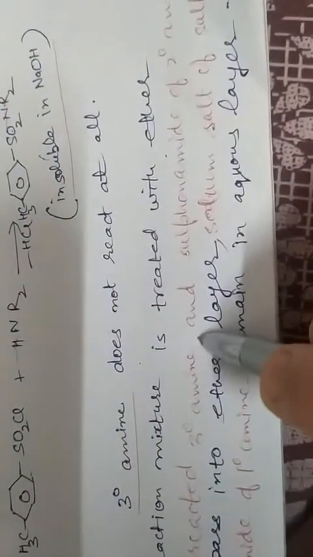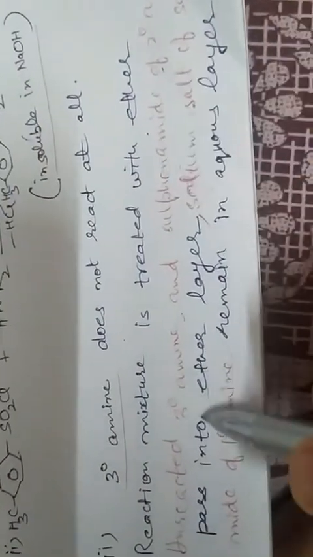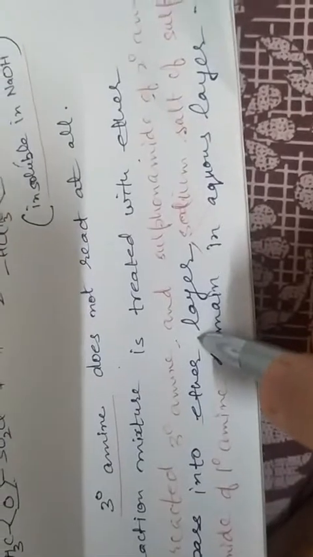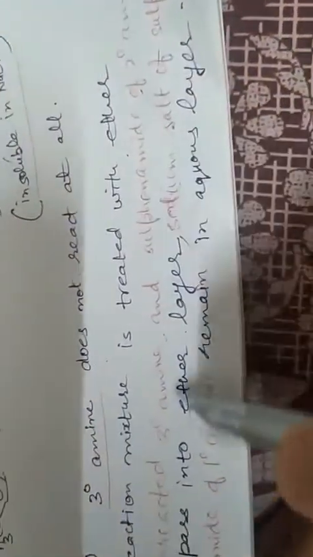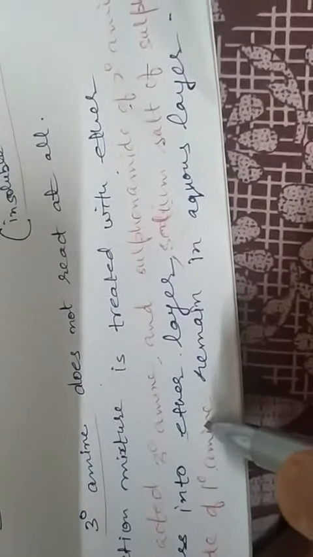Now this reaction mixture, which contains tertiary amines, dialkyl derivative of sulfonamide and N-alkyl derivative of sulfonamide, is treated with ether. The unreacted tertiary amine and sulfonamide of secondary amine pass into the ether layer, and the sodium salt of sulfonamide of primary amine remains in the aqueous layer.